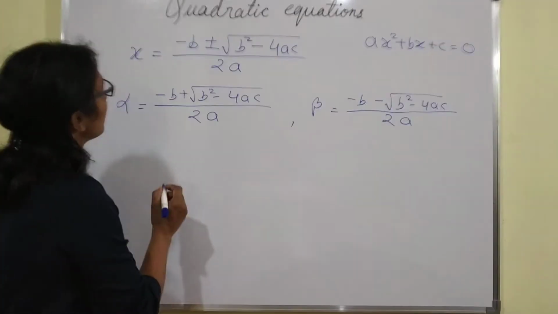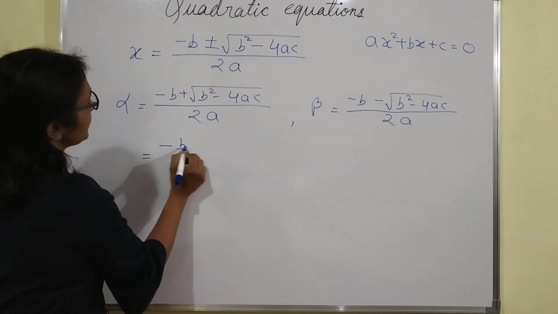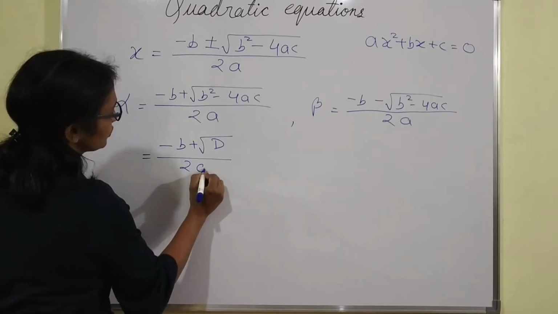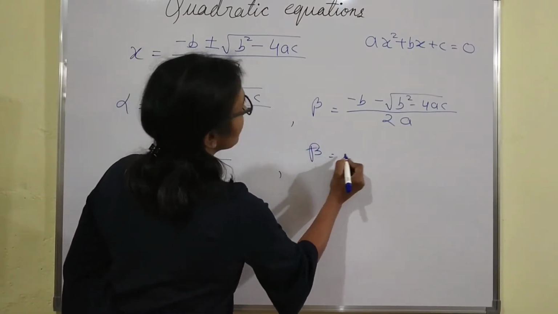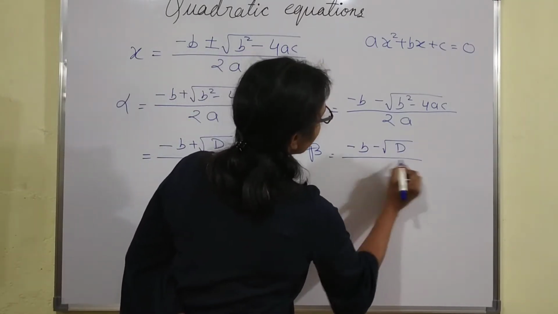Now, we can write it as alpha equals minus b plus root d upon 2a and beta equals minus b minus root d upon 2a.